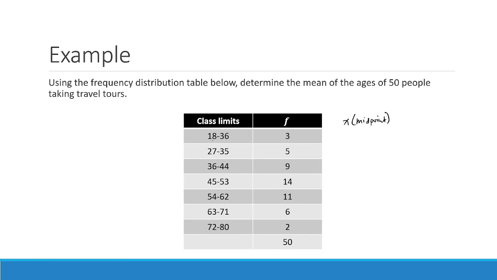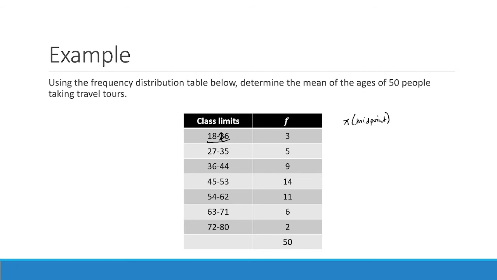So for the midpoint, we just need to add the lower limit and the upper limit of our classes. Then after adding them, we just need to divide it by 2. So for example, I have here 18 plus 36. Is that 36? I think that's 26, not 36. Sorry, typo.